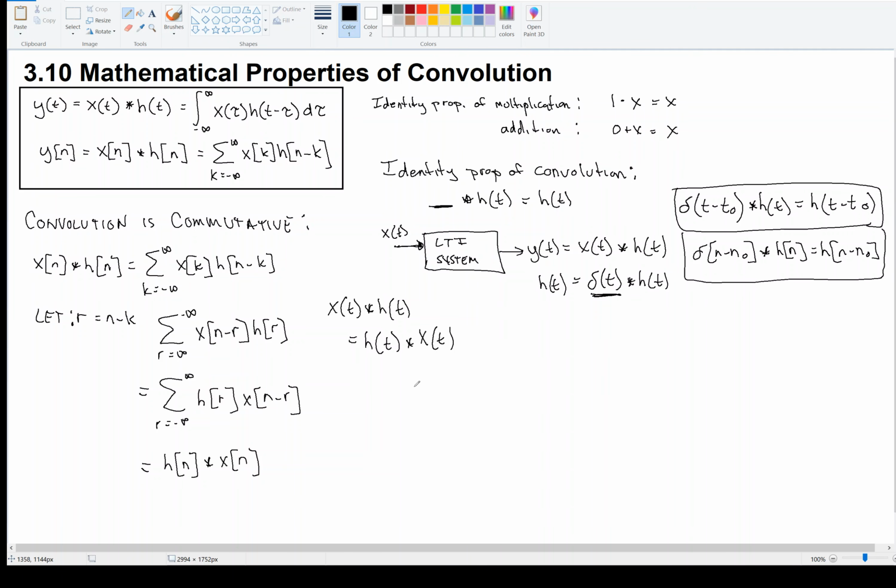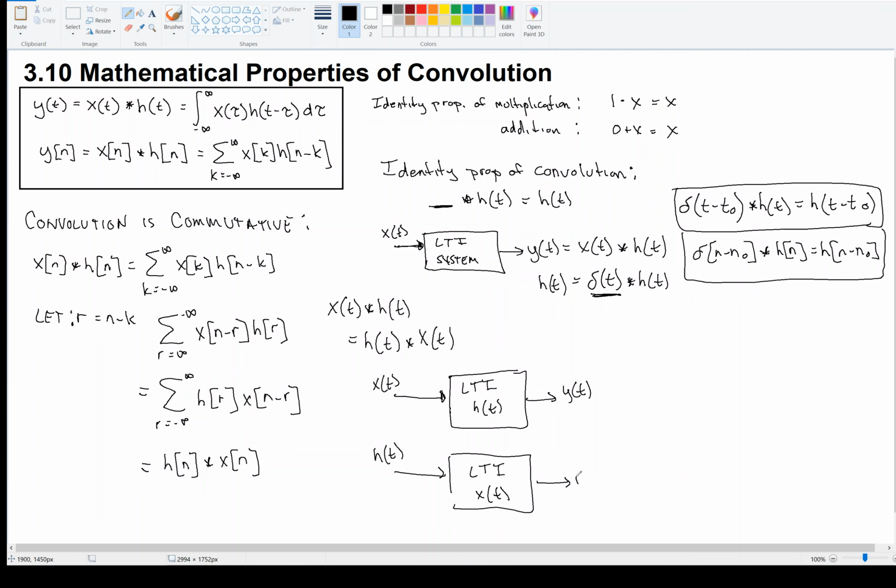The interpretation here is that if I have x of t as input to an LTI system with impulse response h of t, of course I'll get out y of t, but that's the same situation as if I put in h of t into a system with impulse response x of t. I get out the same thing. That's the interpretation behind the commutative property.